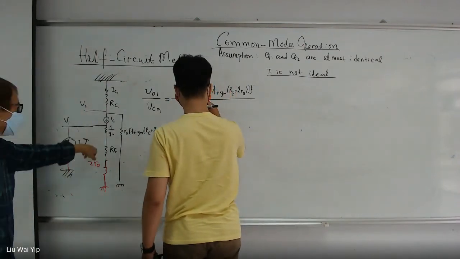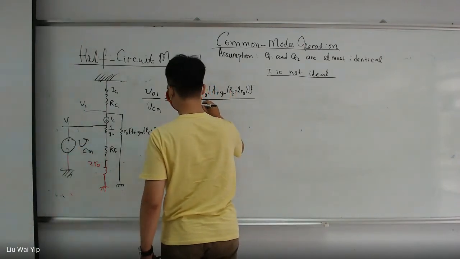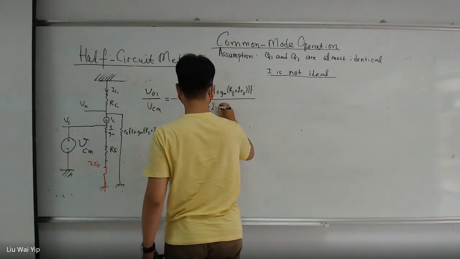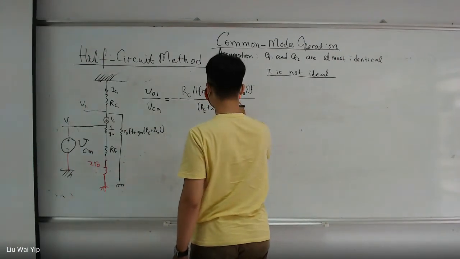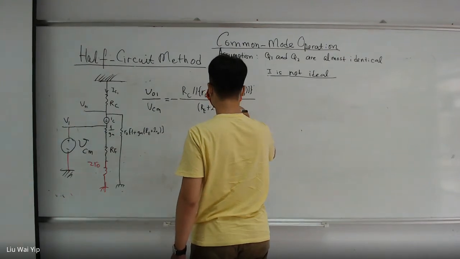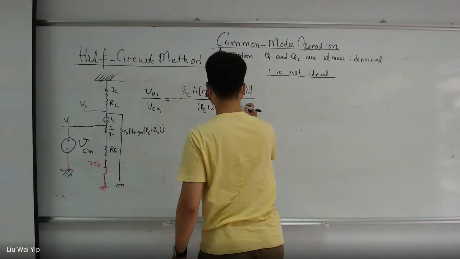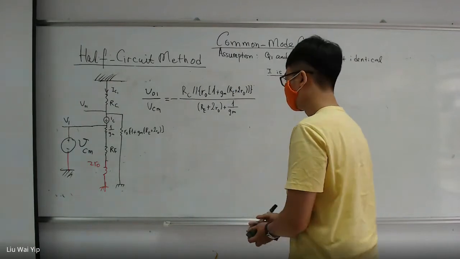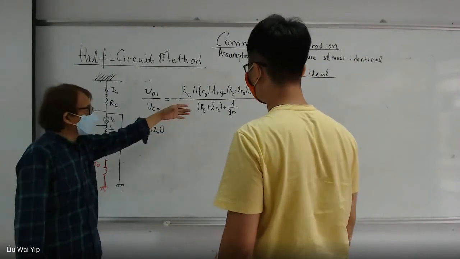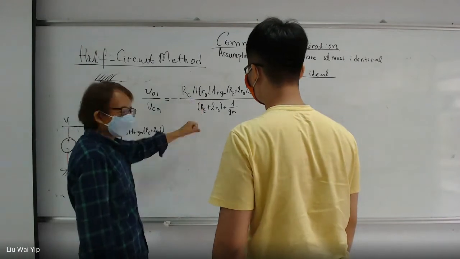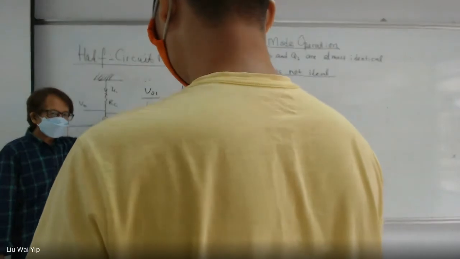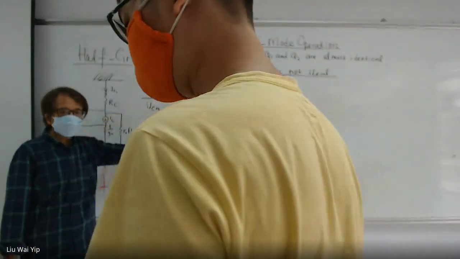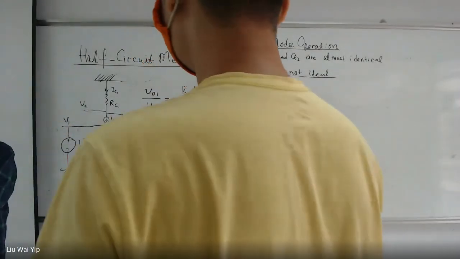All the resistance. Add together. Yeah, this one as well. Add that. So in the exam, if you can come up with this formula, you get a full score, even though the answer may be wrong. If the formula is right, you definitely get a full score. Okay, thank you.